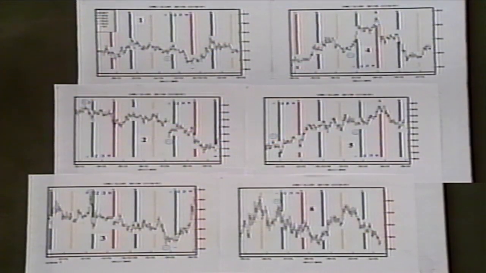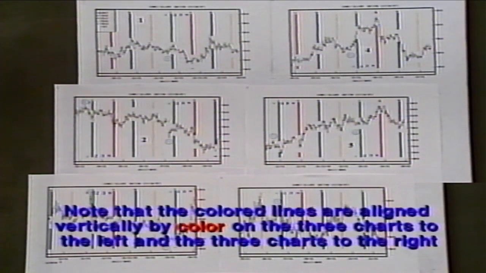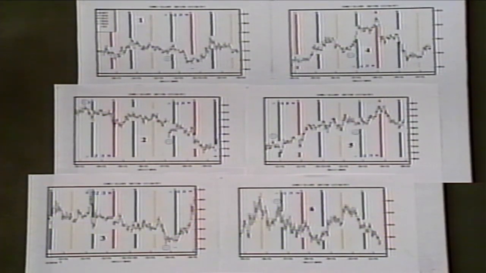The first thing we want to try to determine when we don't have a solution and we're trying to find a new solution is the position of point 1. Now there are two things I look for in determining the position of point 1. First of all, I look for significant lows on the charts.